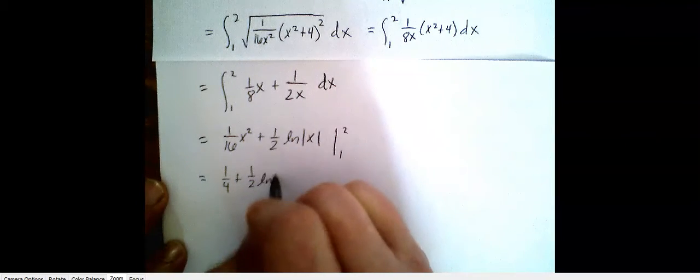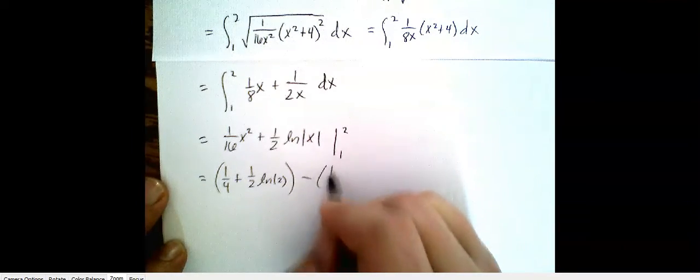So you get 4/16 or a fourth plus 1/2 the natural log of 2 minus 1/16 plus 1/2 times the natural log of 1, which is 0. So our exact solution, 1/4 minus 1/16, will be 3/16 plus 1/2 the natural log of 2.